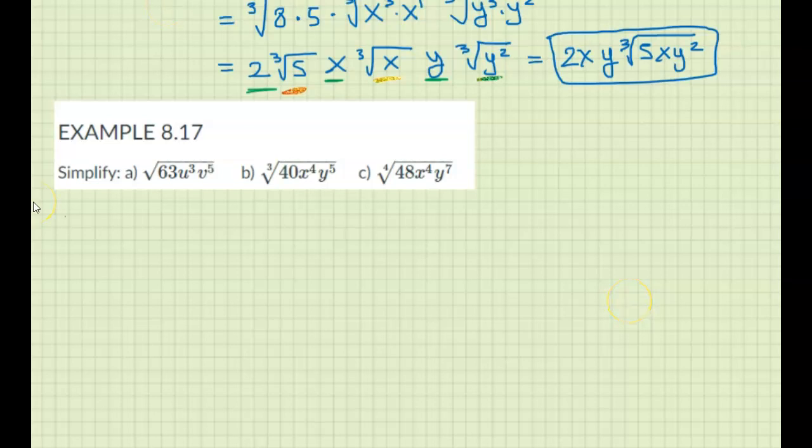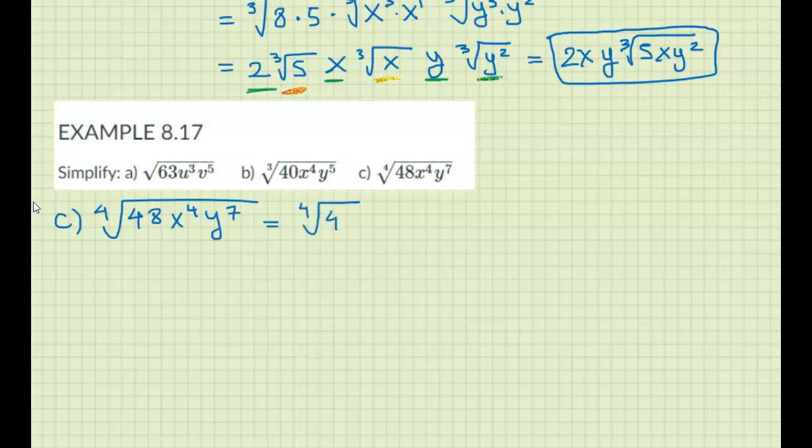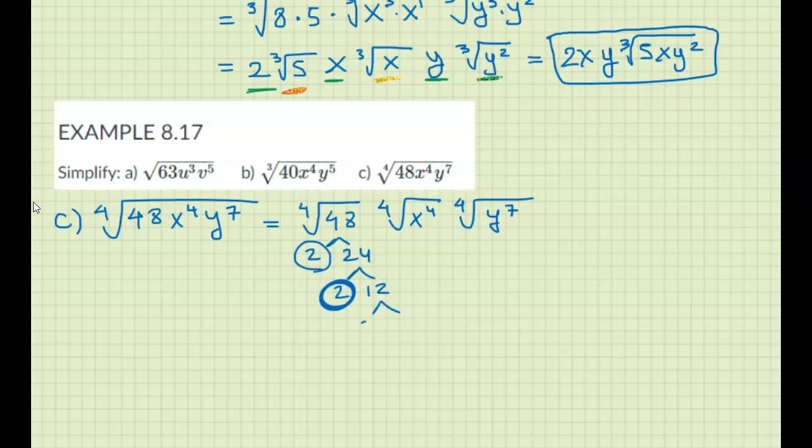So part C, 4th root of 48 x to the 4 y to the 7. 4th root of 48, 4th root of x to the 4, 4th root of y to the 7. 48 is 2 times 24, which is 2 times 12, which is 2 times 6, which is 2 times 3.